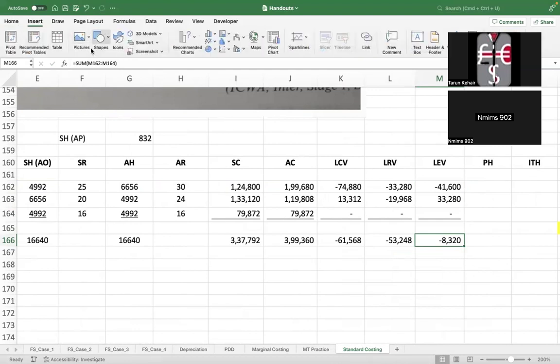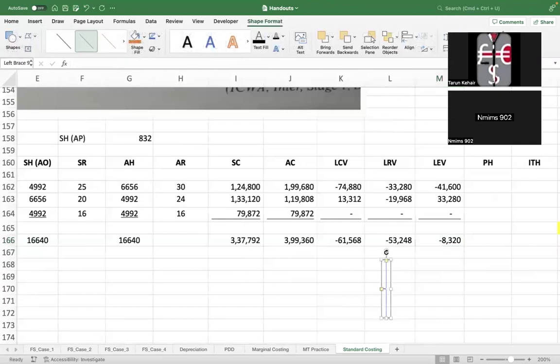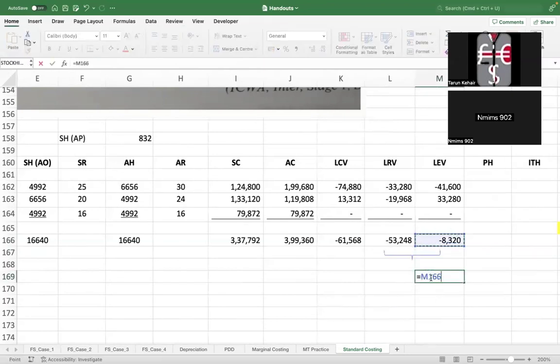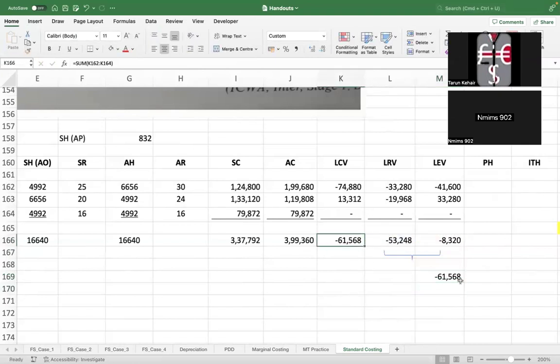Again, इन दोनों को हम sum करेंगे. Let's sum it up. These two, labor rate variance and efficiency variance. Sum करो. How much you get? You get 53248 and 8320. Sum करोगे, you will get 61,568, which is nothing but your cost variance.